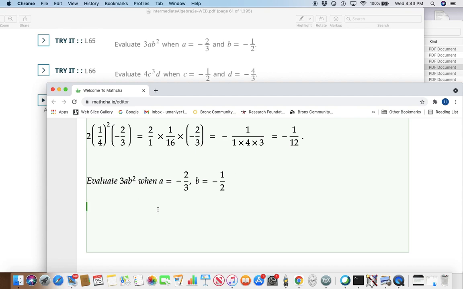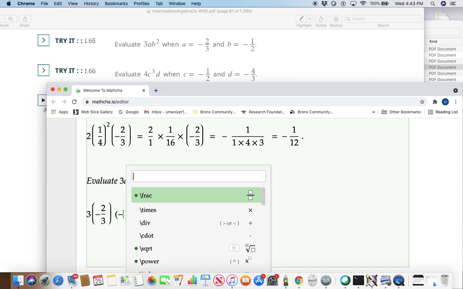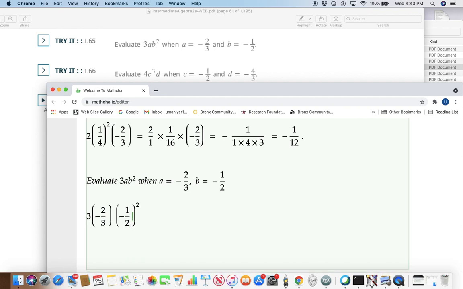Wherever you see variables, you write parentheses first and then fill in the parentheses. The first set of parentheses is for a, which is negative 2/3. The second set of parentheses is for b, which is negative 1/2.